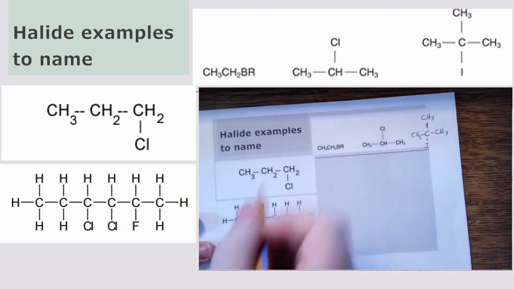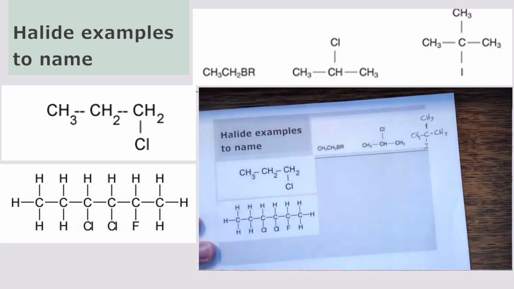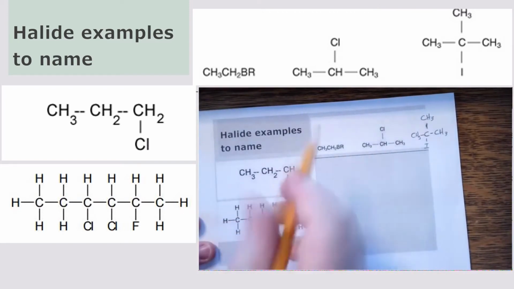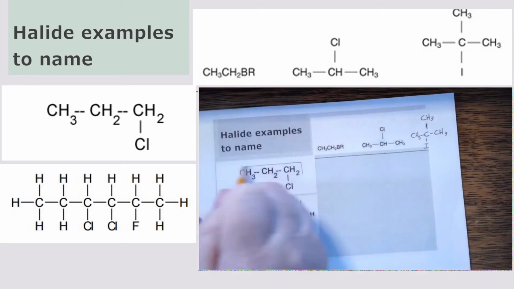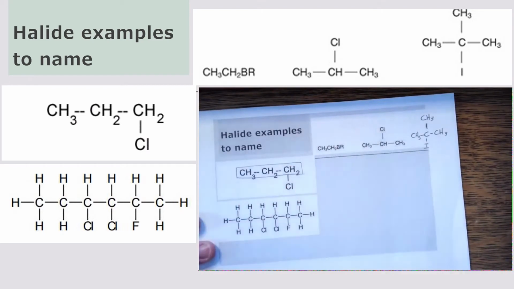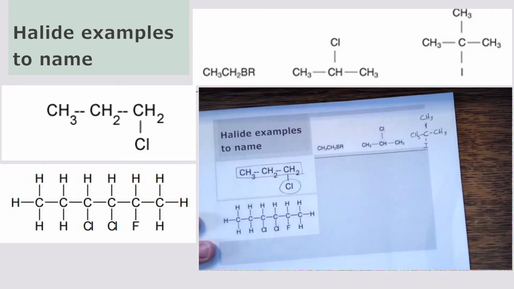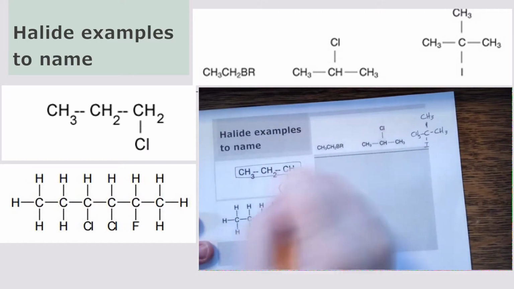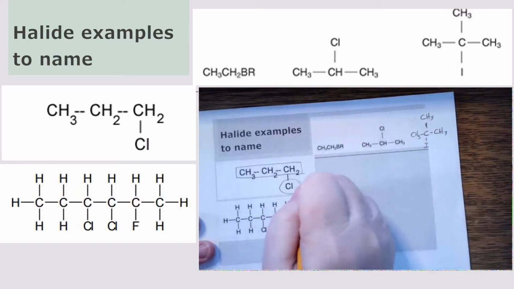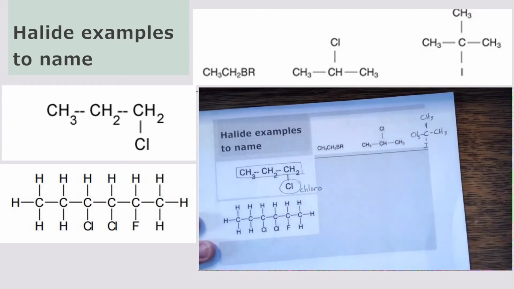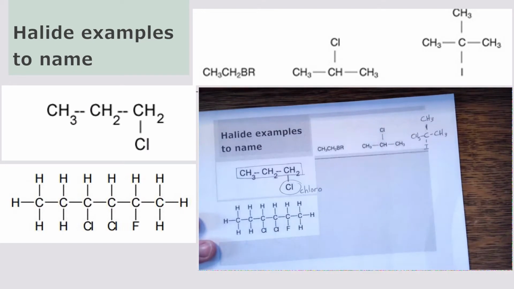I find my longest chain of carbons, 1, 2, 3. I don't have any other carbons, so here's my chain. Circle anything that comes off the chain. That's this. Now, what is this? This is a chlorine, and we just looked it up on table R, and we use chloro, and we need an address, right?